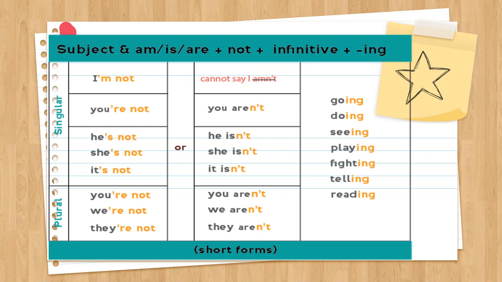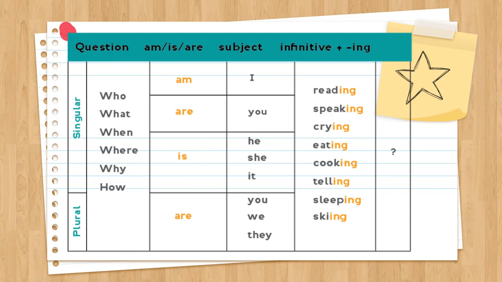Let's continue. Here we have the way in which we can make questions in present continuous or present progressive. Remember, we use who to refer to a person or group of people.